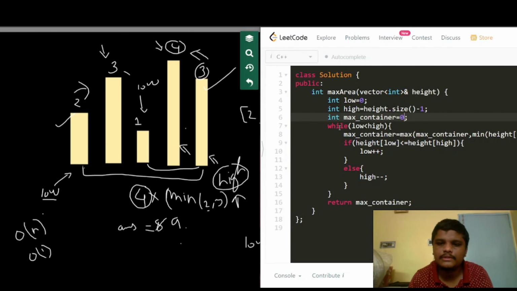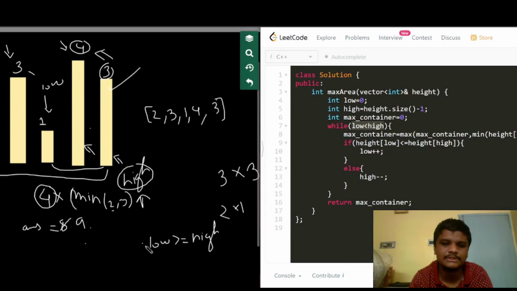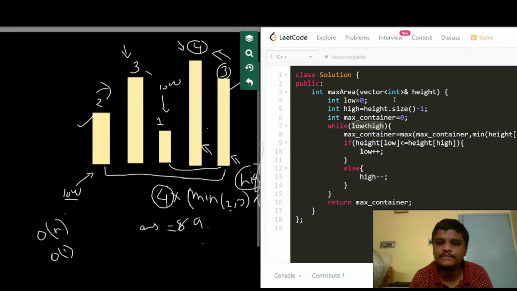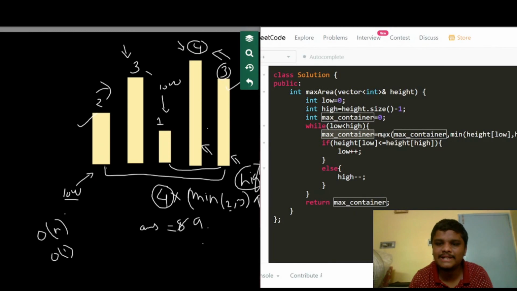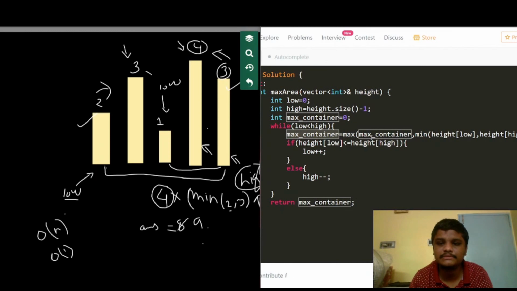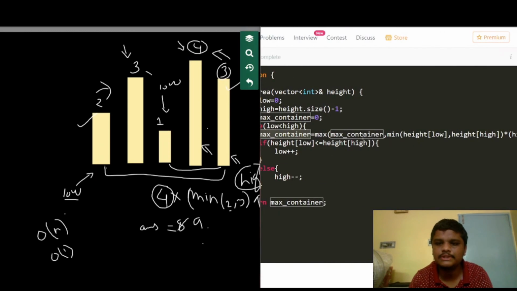Now in the while loop we are checking whether our low is less than high or not, because we know that if our low is greater than or equal to high, then that would be our terminating condition. If this condition is satisfied, then we go inside this loop and store the current maximum area in the max container by using the max function.